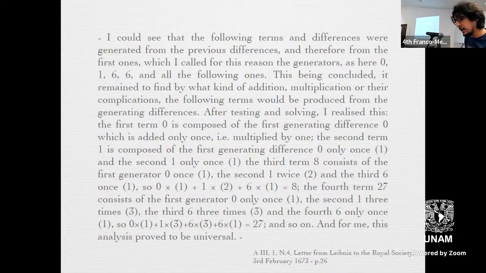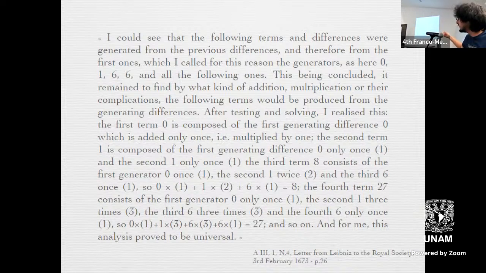So you see here at the end of the quotation, for example, 27 equals 0 multiplied by 1, 1 multiplied by 3, 6 multiplied by 3, 6 multiplied by 1.